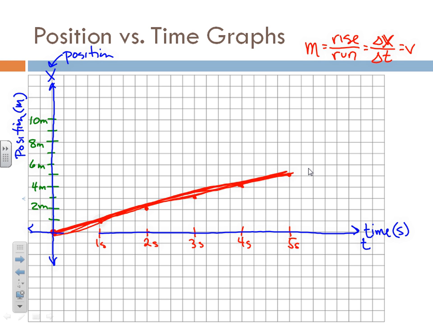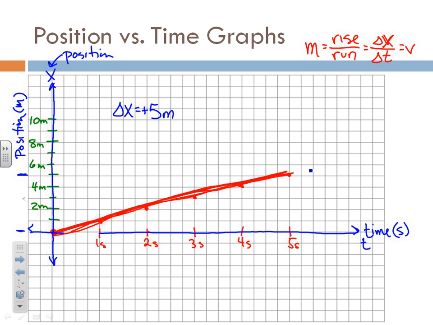If we look at this graph, the rise starts here at 0. Sorry about the cough, guys. It starts at 0 and it ends at 5. So my change in position is from 0 to 5, so delta x is positive 5 meters.